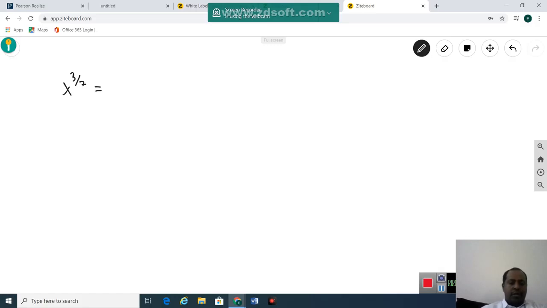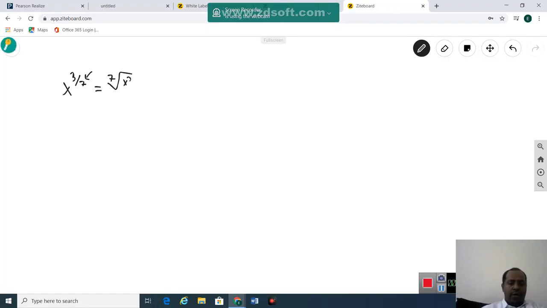In our key concept, the denominator of the rational exponent, which in this case is 7, will be the index for the radical. Therefore, it will be the 7th root of x to the power of 3.